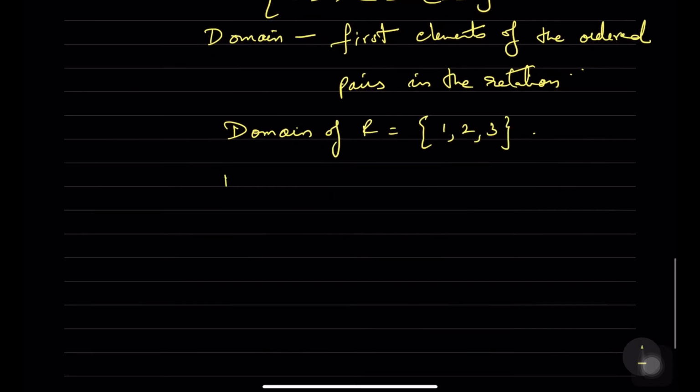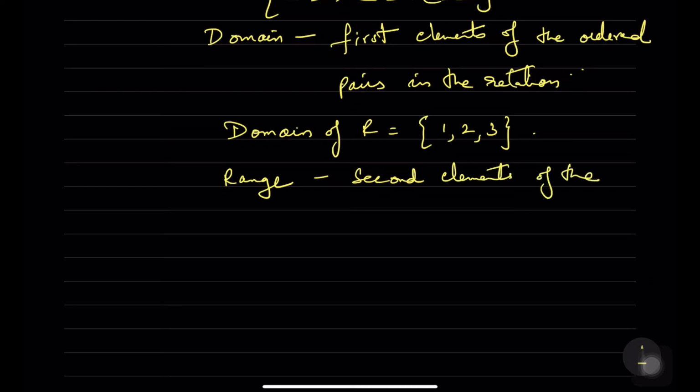And what is the range? Range is all the second elements of the ordered pairs in the relation.